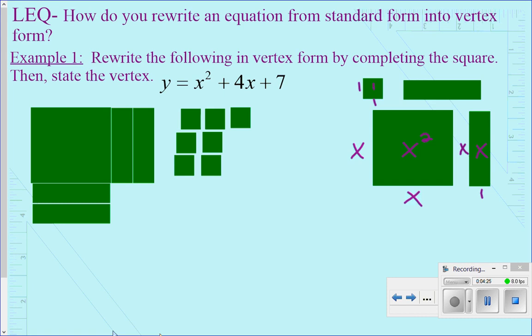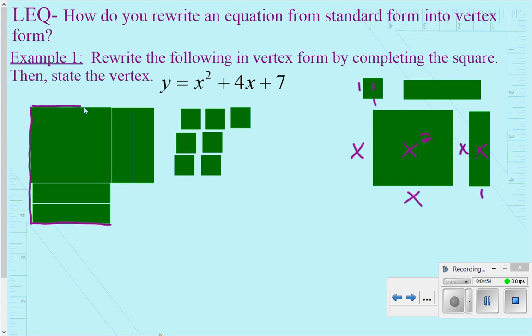So now that we have taken half of the x's and placed them to the right, and the other half placed them below the x squared square, let's take a look at what we have. Remember, this process, this diagram we're building here is called completing the square. So what I'm going to do is I'm going to eventually have a square here.